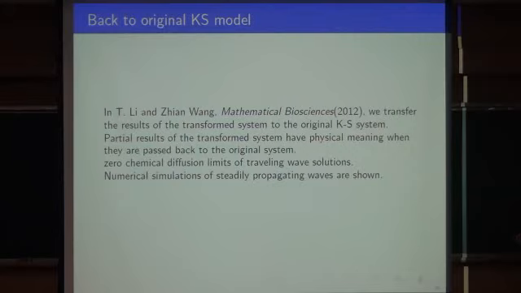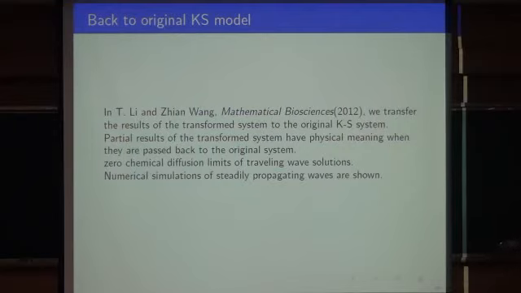But the question is, if you did that change of variable, you did get existence, you did get stability, what is the real meaning in the original system? In this paper, we explored this transformation. Turns out that some of the traveling waves that look very nice in this system do not make sense in the original system, but some of them do make sense.